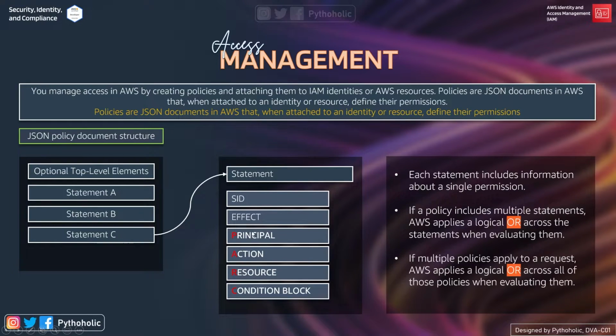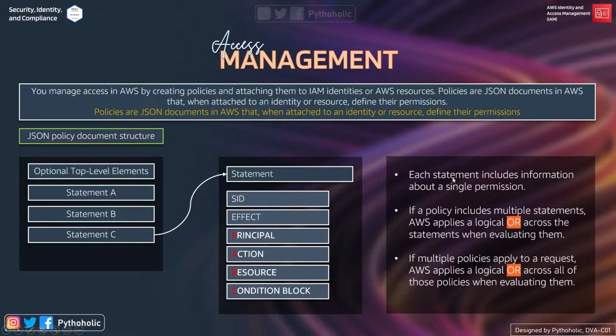It's not that you will be using all of these every time in a statement or a policy, but when you're talking about an IAM policy, you always think of the PARC model. It's easy to remember: PARC, that is principal, action, resource, and condition block. We will discuss each of these terms individually. I know I haven't explained these terms in detail, but don't worry, we will discuss in depth, so keep watching.